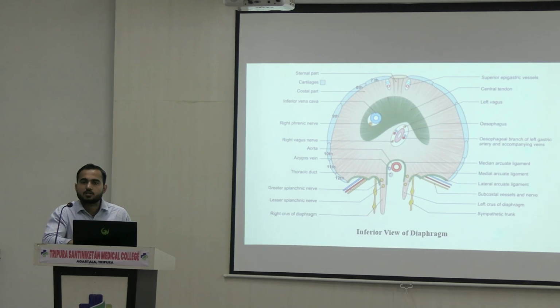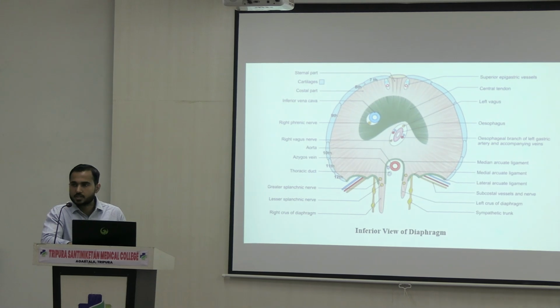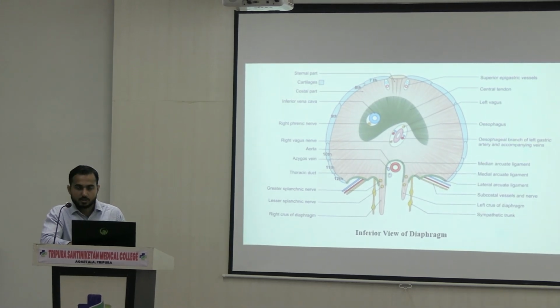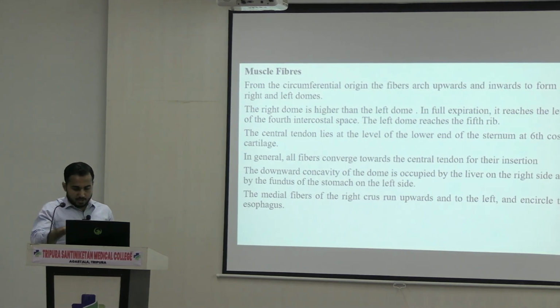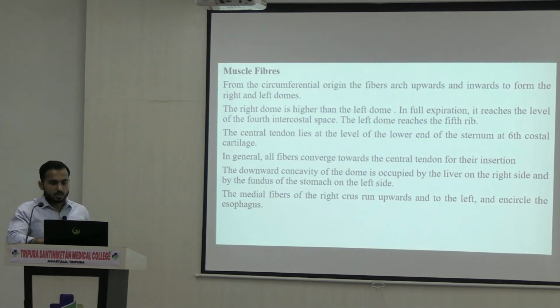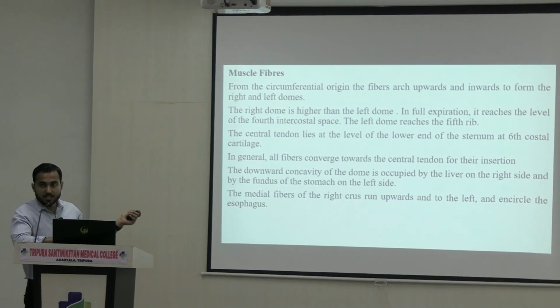Now the insertion is not that easy, though the origin was complicated, so insertion is also not that easy. Some complicated structures are there. Now, if you see the muscle fibers, a circumferential origin is there.